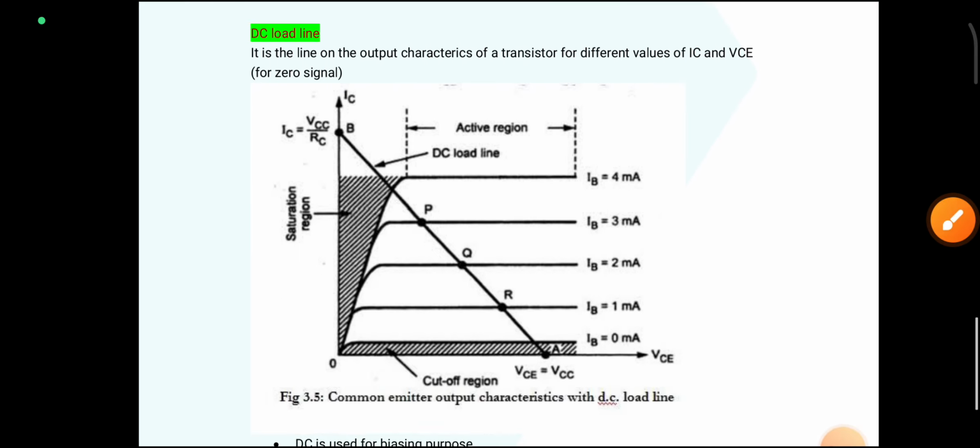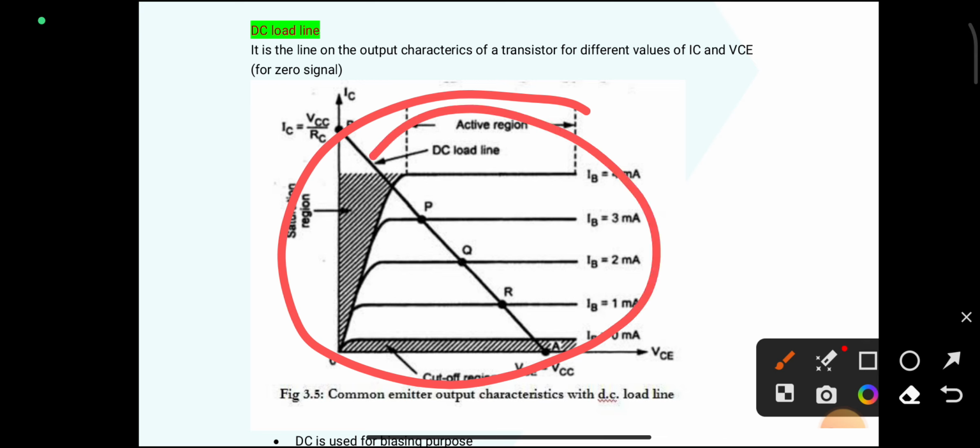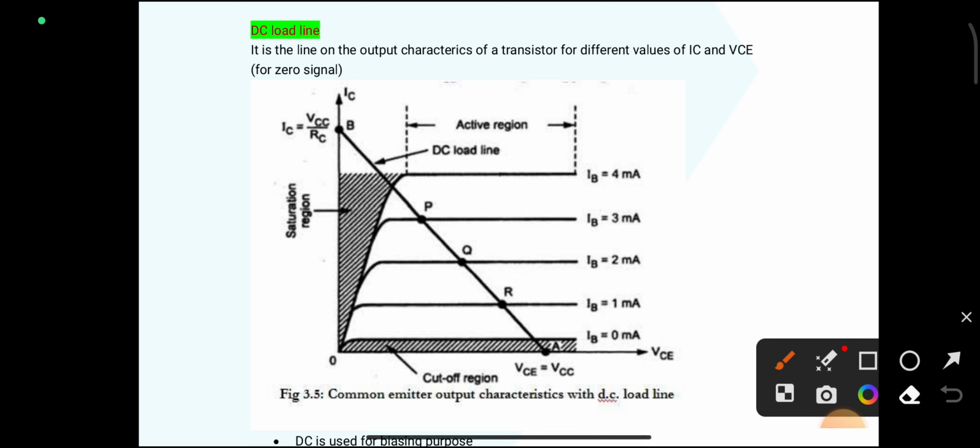This is the output characteristics of a transistor, with the relation between VCE and IC. This line indicates the DC load line.